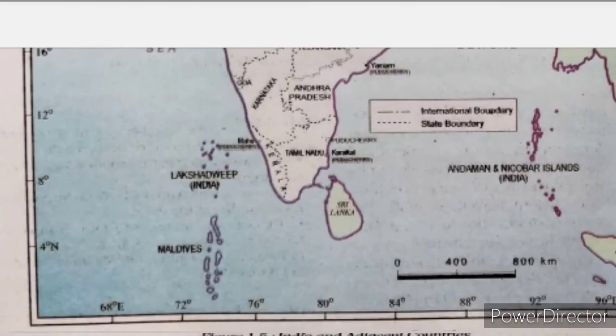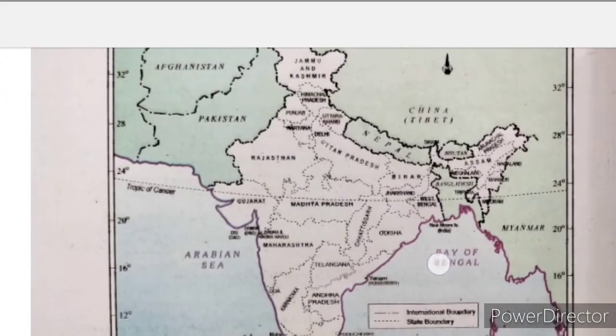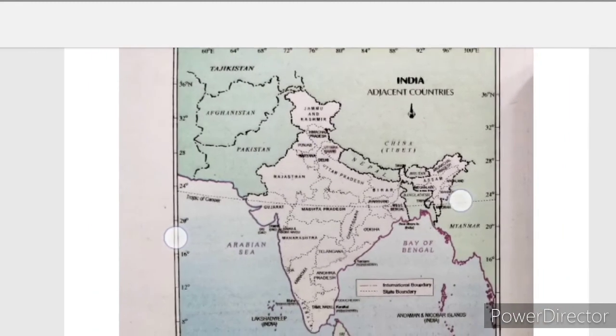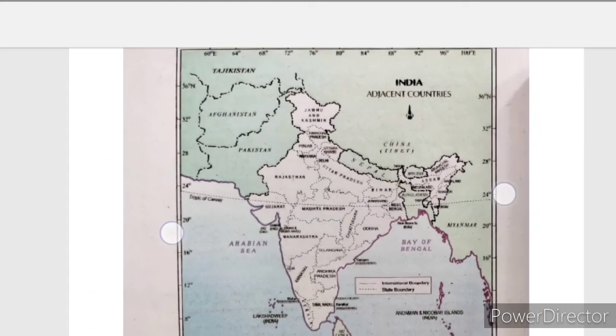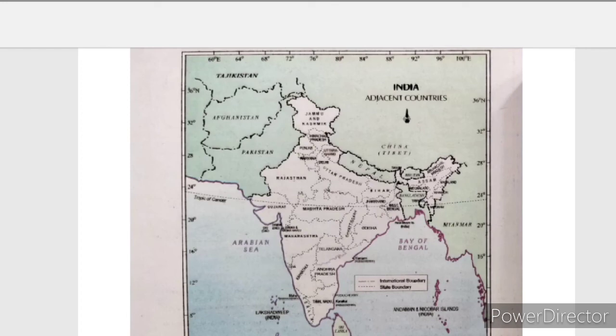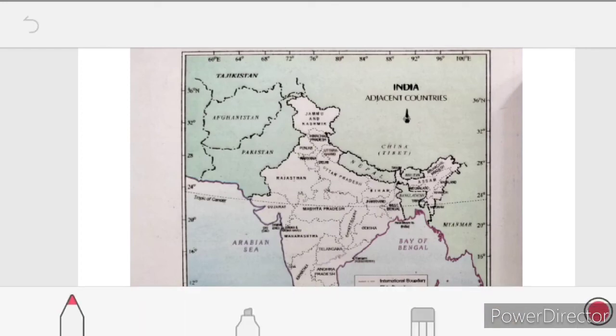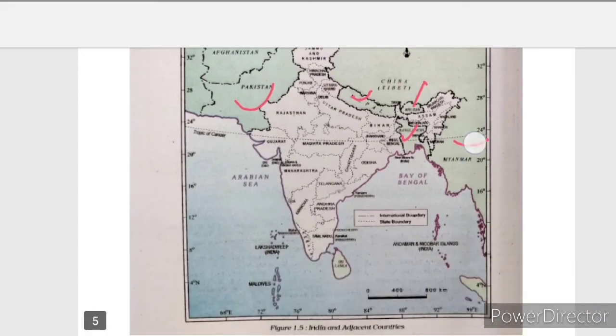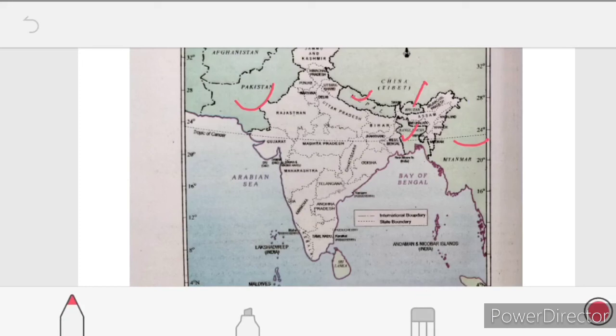There are 9 countries that share borders with India, of which 7 countries have land boundaries and 2 countries have sea boundaries. Land boundaries are with Pakistan, Afghanistan, China, Nepal, Bhutan, Myanmar and Bangladesh, and sea boundaries with Maldives and Sri Lanka.